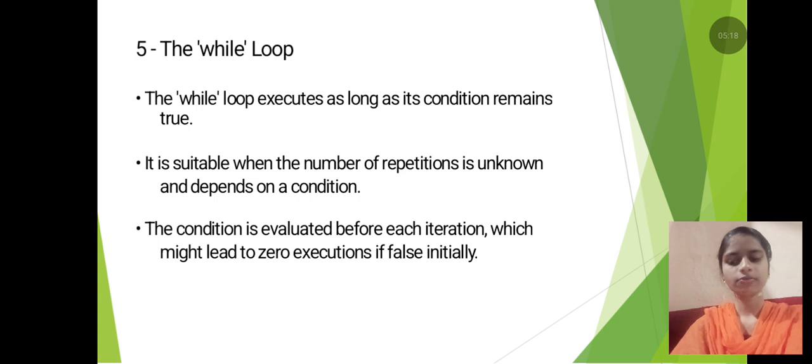We write the syntax for while loop: initialization, while condition, then statements and updation, and then the next statements. While the condition is true, the block of statements will be executed, or if it is false, the next statements will be executed.